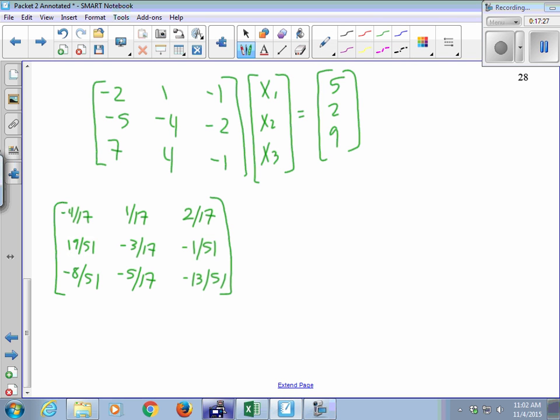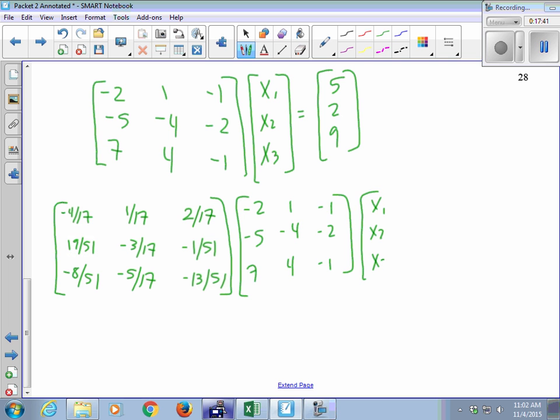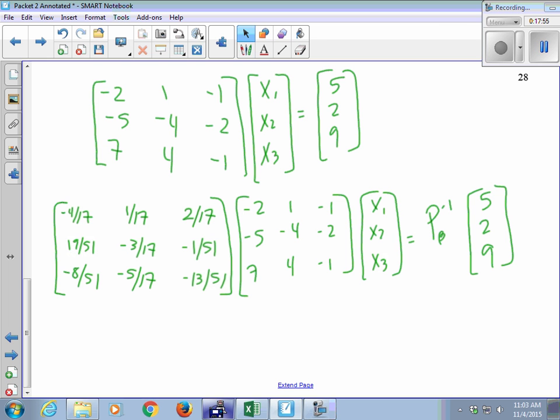When I multiply that times the change of coordinate matrix, I didn't want to write that all again. This matrix here is P sub beta, and this matrix here is P sub beta inverse.